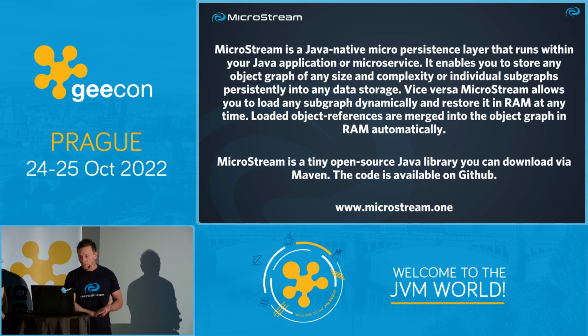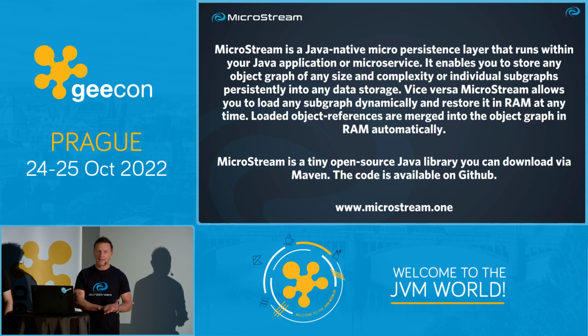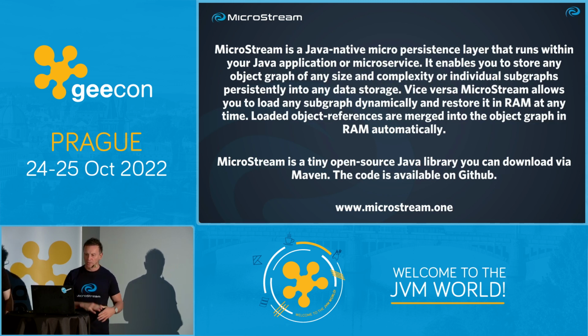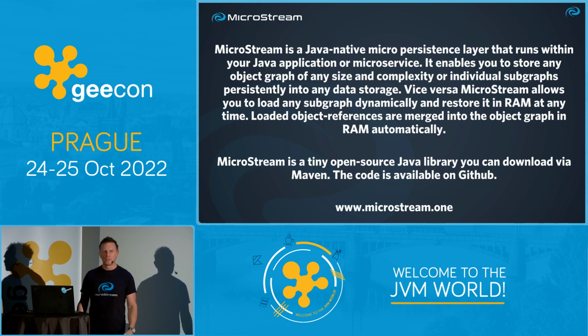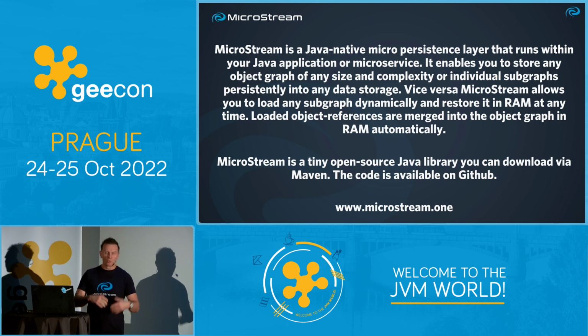It enables you to store any kind of object graph, of any complexity, any size, any types, into any data storage. And vice versa, it enables you to load the entire object graph, but in practice mostly subgraphs when they are needed, into memory and restore your object graph in memory anytime.